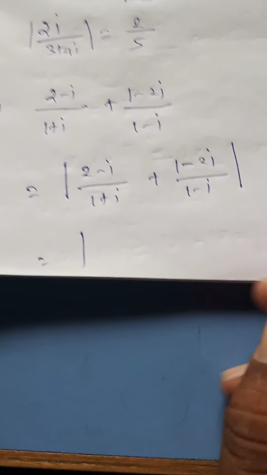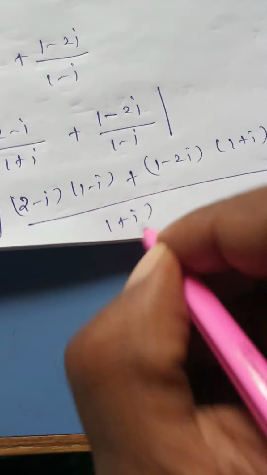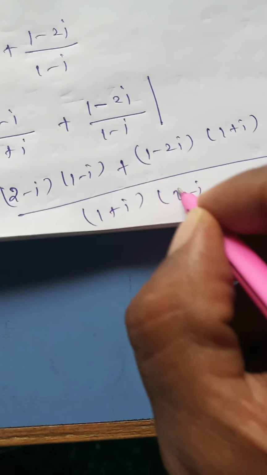First you simplify the fraction value. The denominators are not equal, so cross multiplication: 2 minus i into 1 minus i, plus 1 minus 2i into 1 plus i, then the whole divided by 1 plus i into 1 minus i.